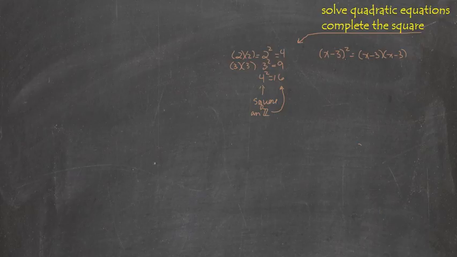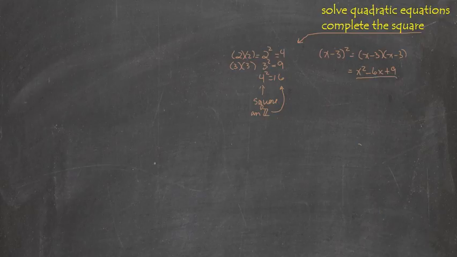A perfect square, or a square of a binomial, means you just take the binomial and square it. Now, if I multiply it, which means square this, I would get x squared minus 6x plus 9.